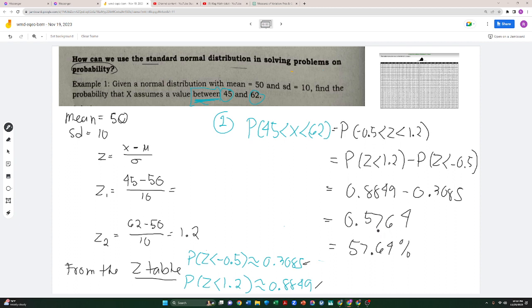Again, the probability that X assumes a value between 45 and 62 in the given normal distribution with a mean of 50 and a standard deviation of 10 is 57.64%. So that is how to interpret it.